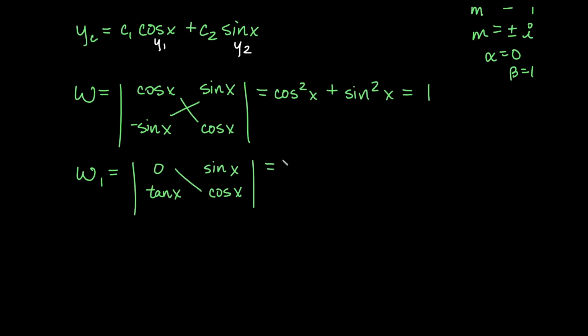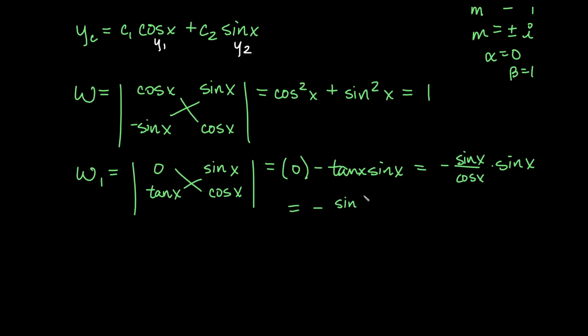Here we get 0 times cosine x, which is 0, minus tan x sine x. Now, let's think about tan x sine x. First of all, it'll be negative. Think of that like negative sine x over cosine x, times another sine x. So what we'll actually get is negative sine squared x over cosine x.